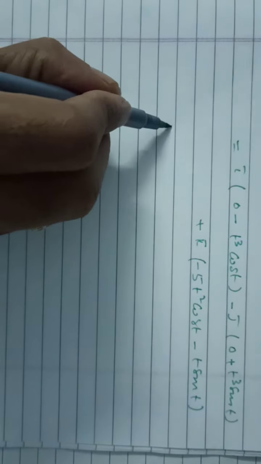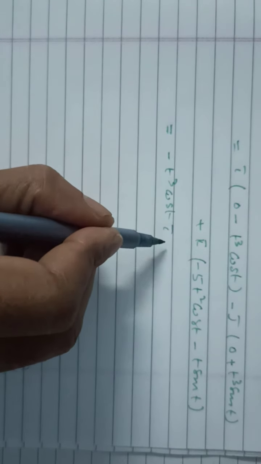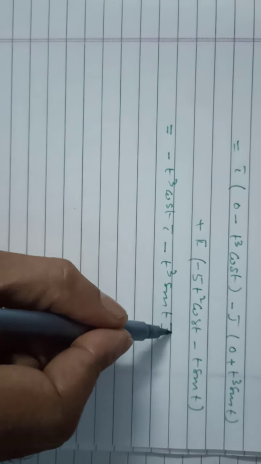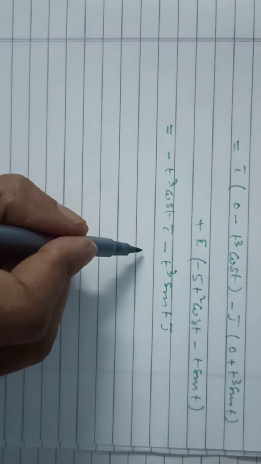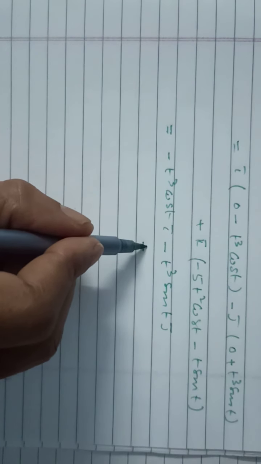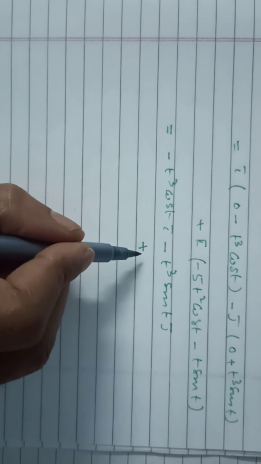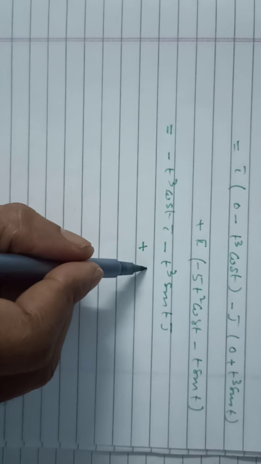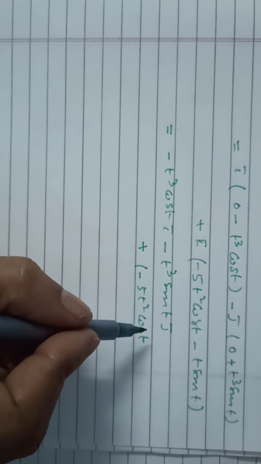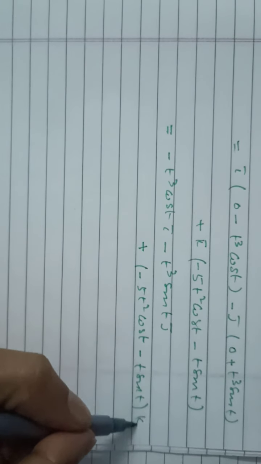This is equal to minus t cube cos t i bar minus t cube sin t j bar plus minus 5t square cos t minus t sin t of k bar.